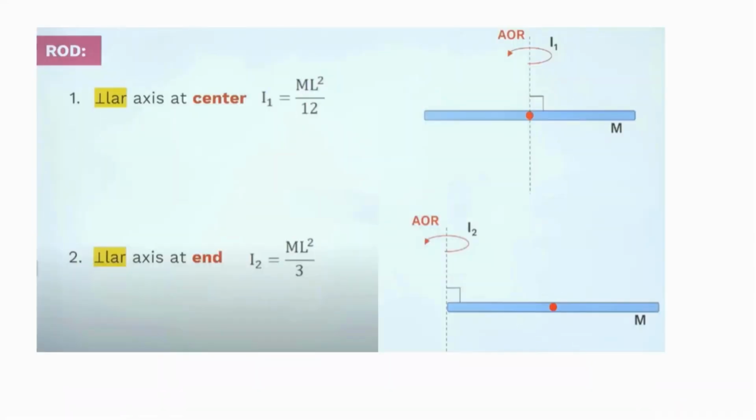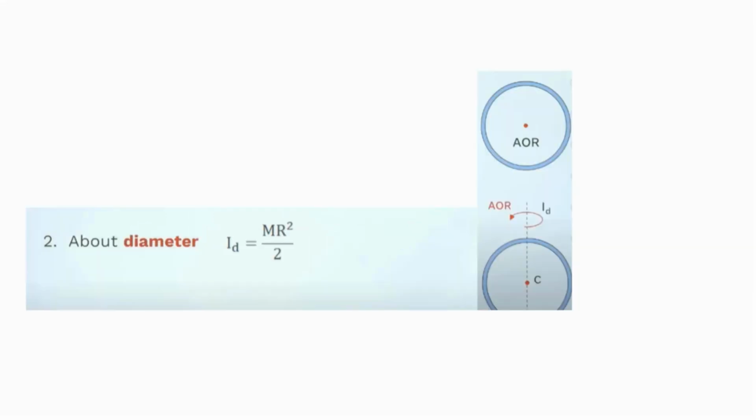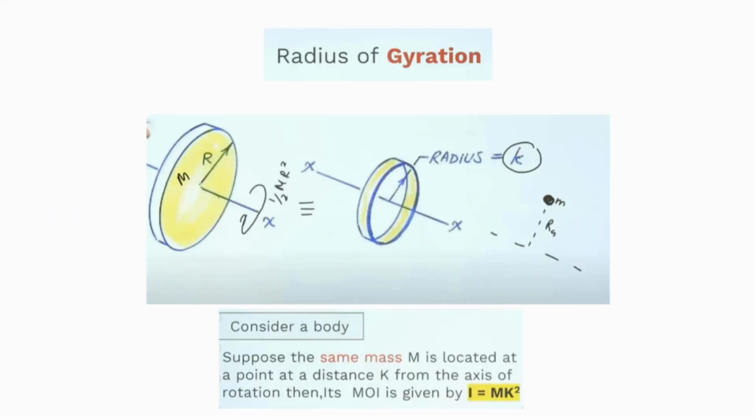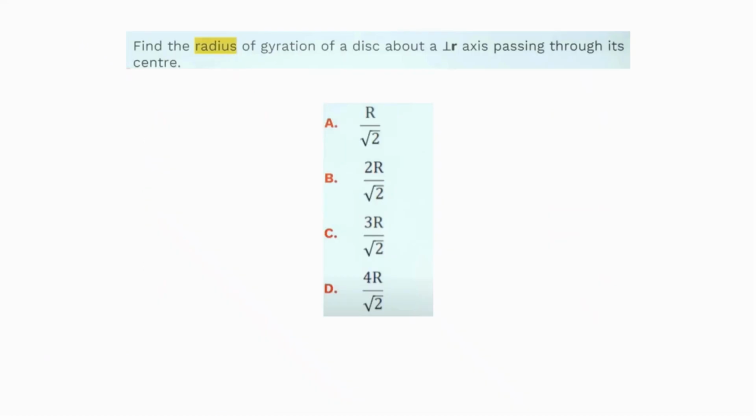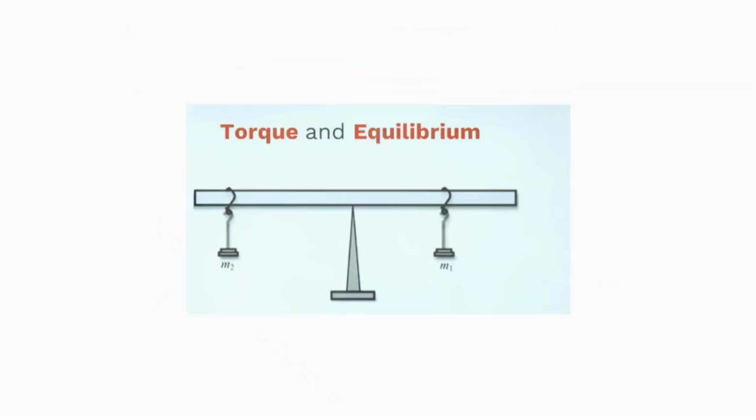So about rod, we will have two moment of inertia. About the center of mass or center point is ml square by 12. Guys, these values you should remember also. And about the extreme point is ml square by 3. For ring, about the diameter is mr square by 2 and something like that.